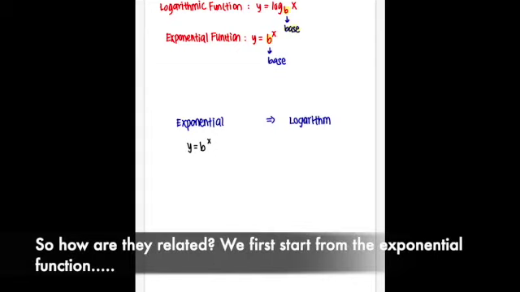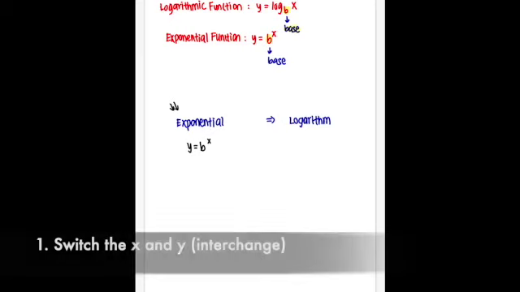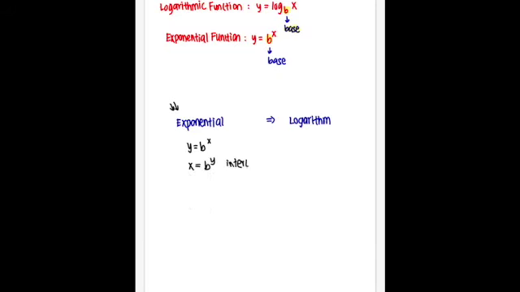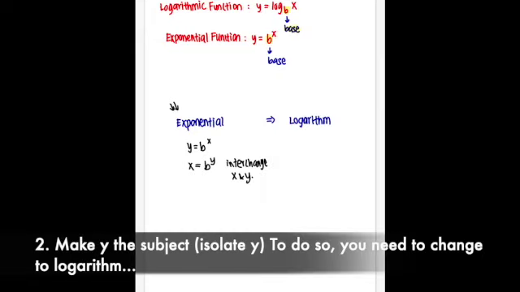So how are they related? When you start from the exponential function that you are familiar with, first you just switch the x and y, so you'll get x equals b to the power of y. You just interchange the x and y. To change it to a logarithm function, this b here will just be the base, so it will become log base b.